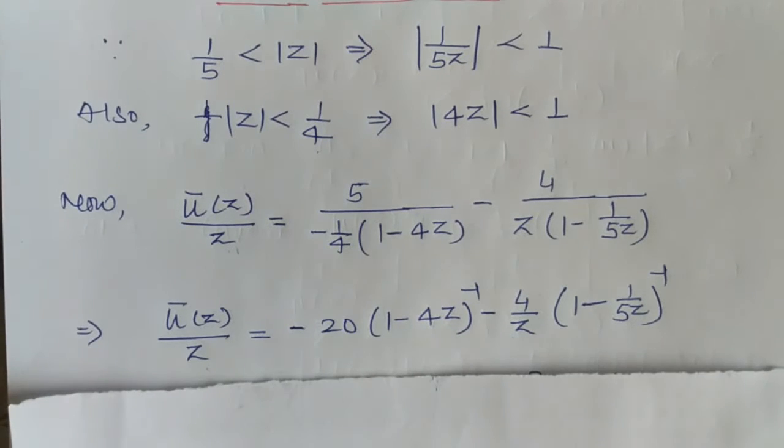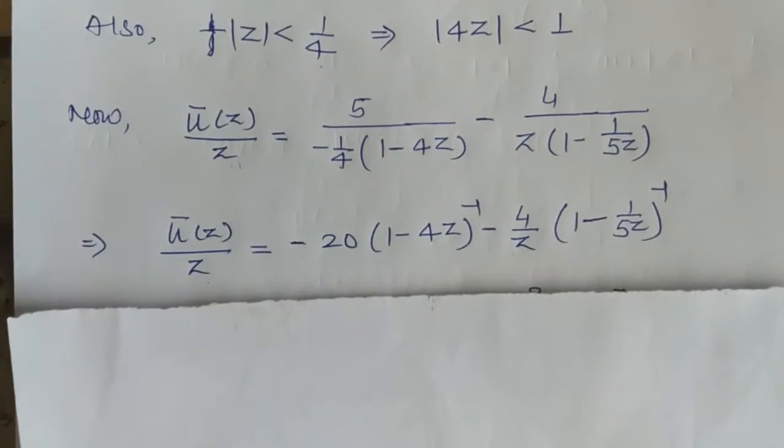Now as we know, the binomial expansion of 1 minus x whole inverse is 1 plus x plus x square plus x cube plus so on.